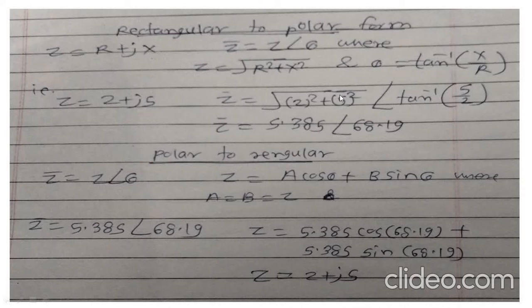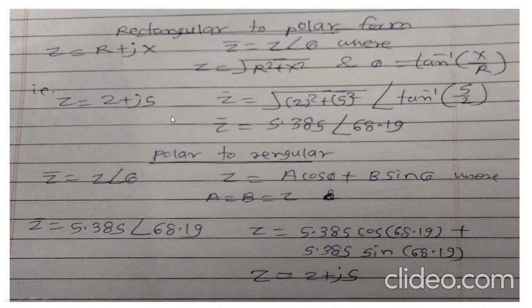That's why Z is equal to the square root of 2 square plus 5 square, at an angle of, how will we calculate theta? By the formula tan inverse of X upon R, so tan inverse of 5 by 2. So in this way we will get the polar value Z bar is equal to 5.385 at an angle of 68.19.